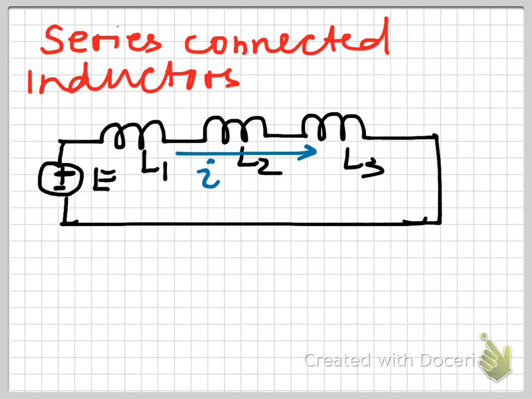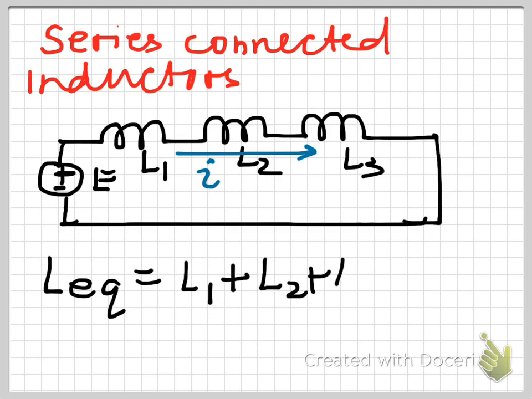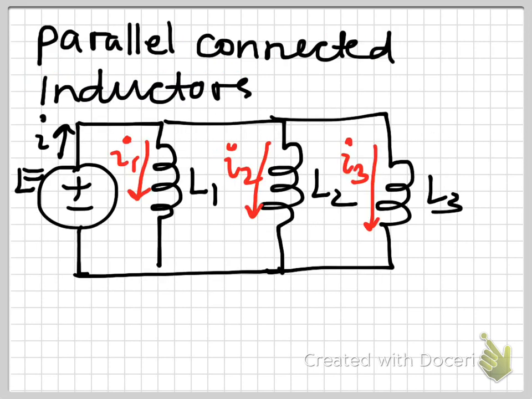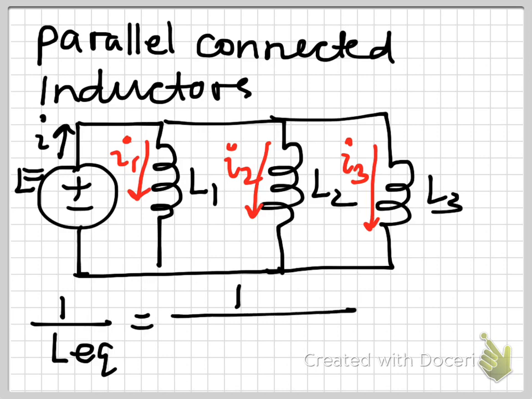Series connected inductors: in order to combine inductors connected in series, the total inductance, which we're assigning as L equivalent, is given by the sum of the inductances, L1 plus L2 plus L3. In order to look into the details of the derivation, please look at the course notes posted on D2L. Parallel connected inductors: the equivalent inductance for parallel connected inductors is the inverse of the sum of the inverses.